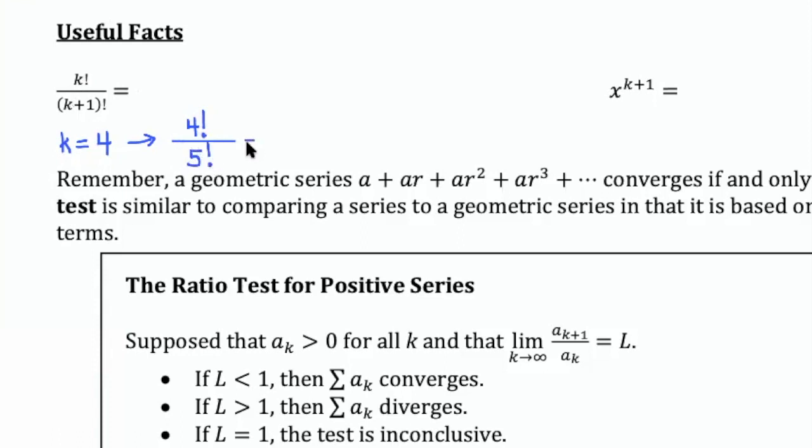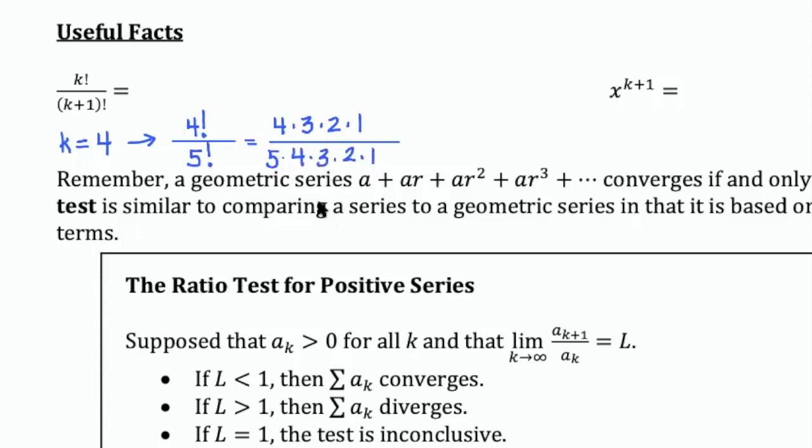Now, what factorial means, remember, is you write out the terms starting with the number of the factorial, which is 4, decreasing those terms all the way down to 1, and then multiplying them together. So in the numerator, we have 4 factorial. In the denominator, we start at 5 and go down 1 each time, and that's 5 factorial.